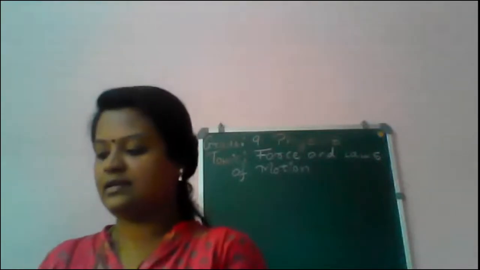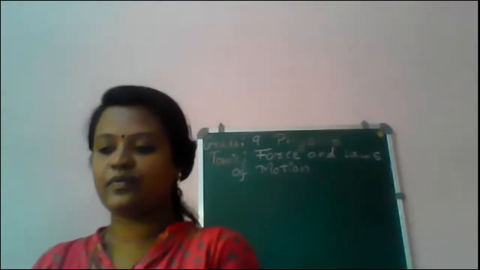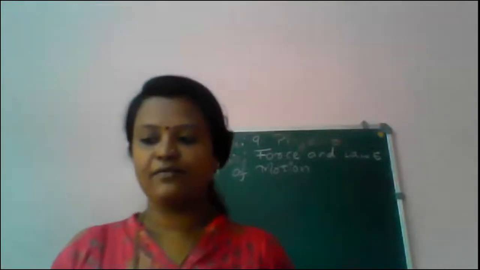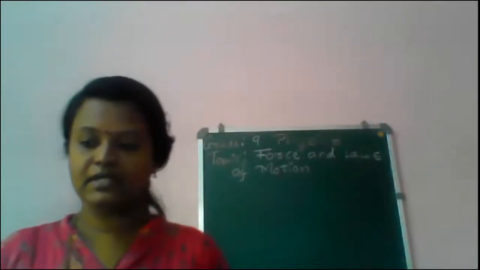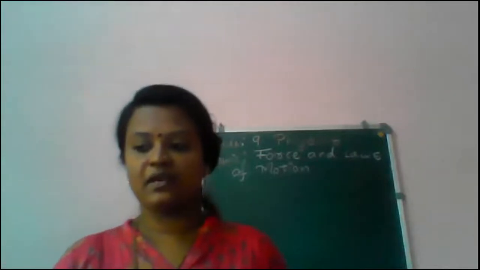On the other hand, let us see activity 9.2, which says: if you set a 5 rupee coin on a stiff card covering an empty glass tumbler standing on a table, give the card a sharp horizontal flick with a finger.